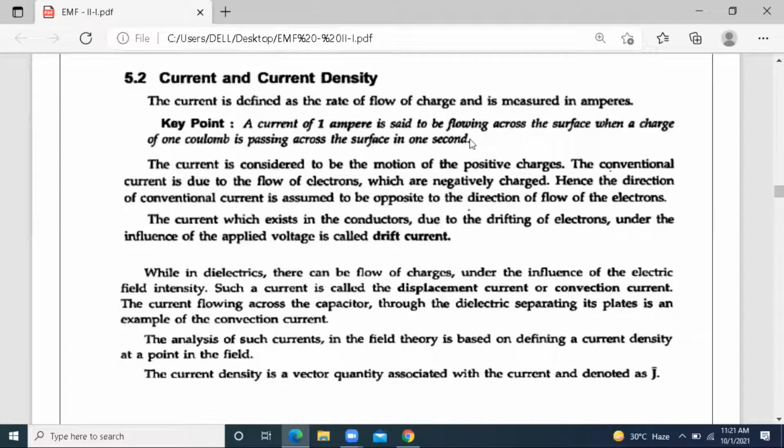So you put in your ammeter, and it says the current is 1 ampere. You know that 1 coulomb is going across whatever the conductor is in 1 second.